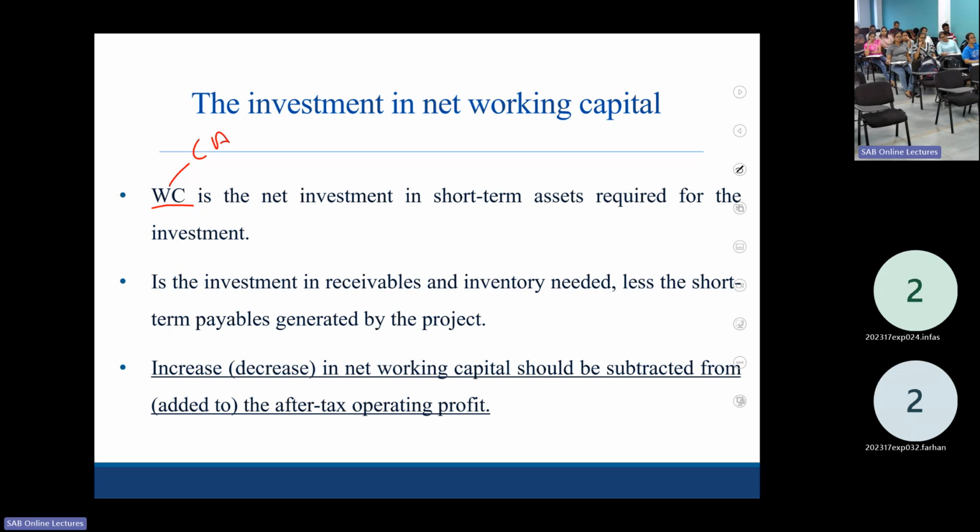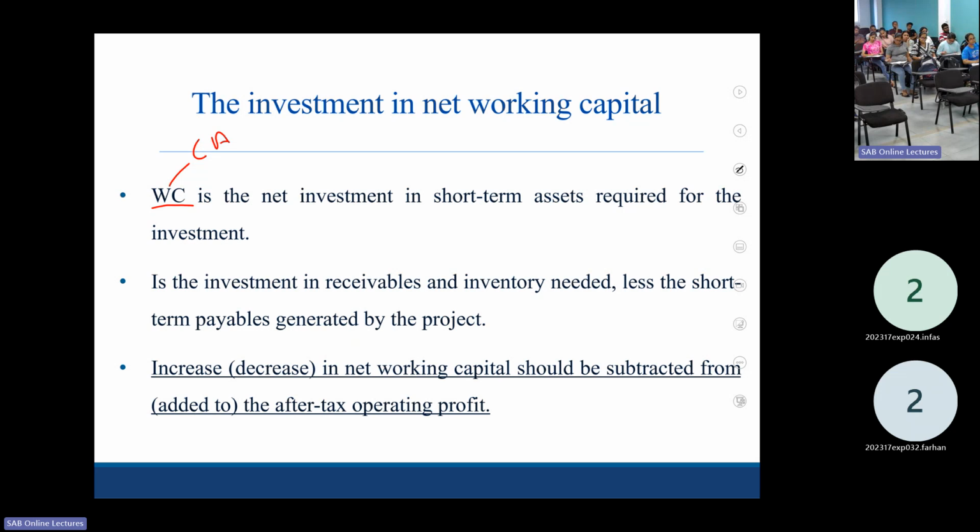So normally this point is important. You should realize this: increase or decrease in net working capital should be subtracted from or added to operating profit. Increase in net working capital means increase in current assets, so that is a cash outflow.